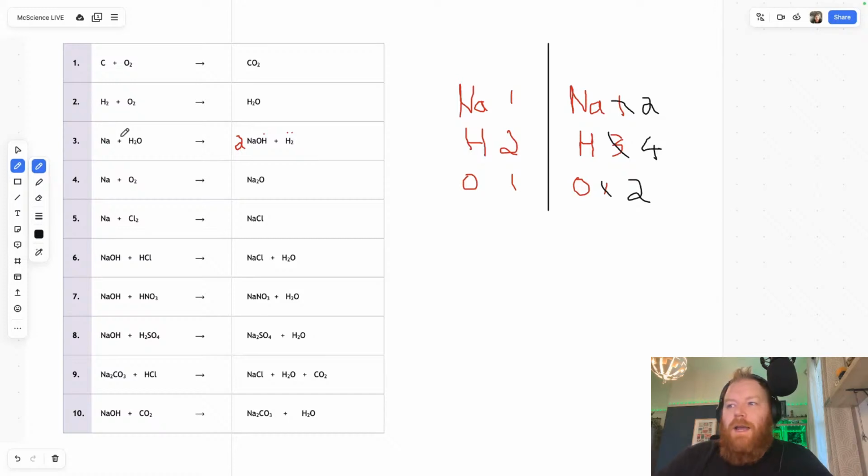I would then look at putting a big 2 in front of my water molecule on my reactant side, which changes that to a 4 and my oxygen to a 2. So they're now balanced. But my sodium still isn't balanced. So I have to then put a big 2 showing that 2 times my sodium then creates 2 sodium as well.